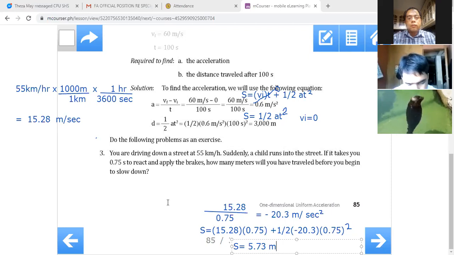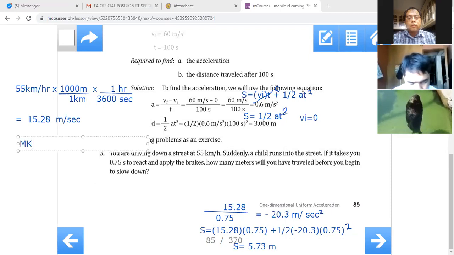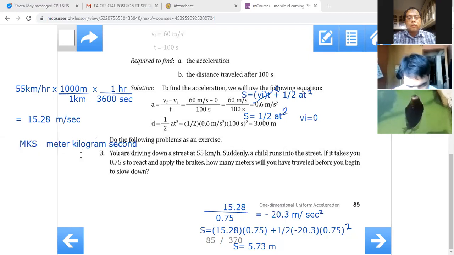So MKS means meter, kilogram, and second as the unit of time. Do not mix your units with other expressions. Sorry for the portion here that was erased, but anyway, you have that one.